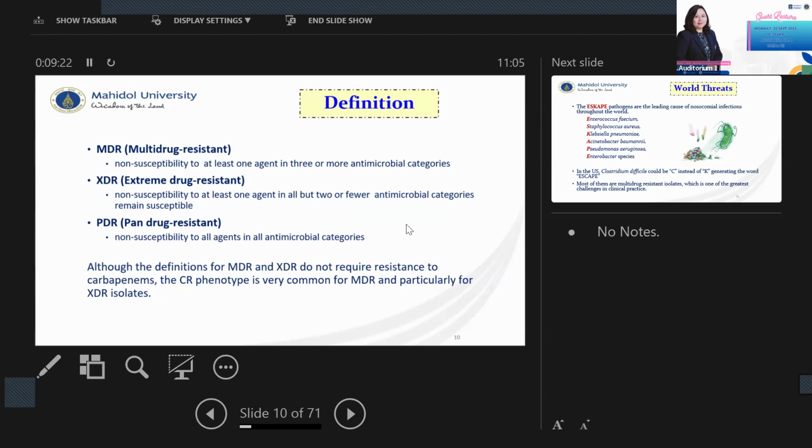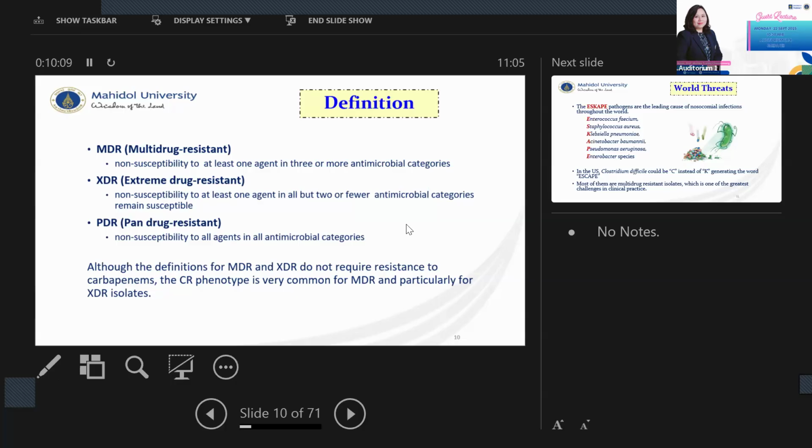Which means that if you have 5 groups of drugs that you use to treat Pseudomonas infection, and the bacteria are resistant to at least one drug in 3 groups, you call that bacteria an MDR. But for XDR, extremely drug resistant, sometimes referred to as extensively drug resistant, the bacteria must be resistant to at least one drug in all groups of drugs used to treat it, but there are still some left, maybe 2 or fewer groups. So XDR is a more serious MDR, right?